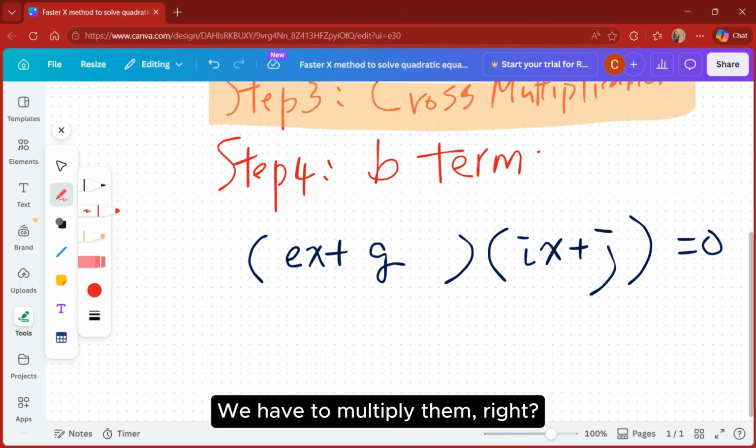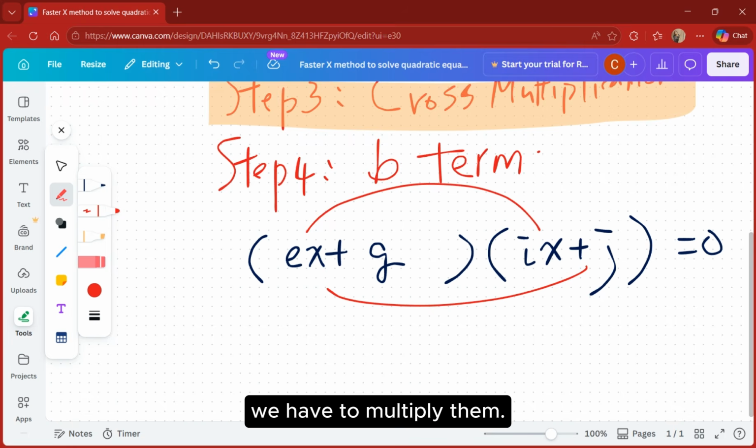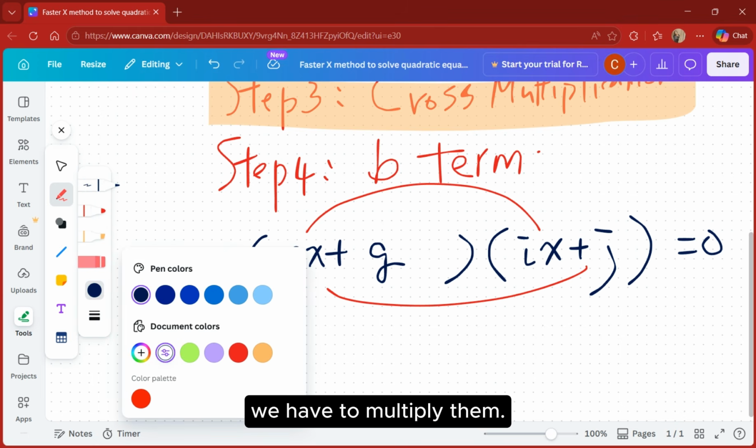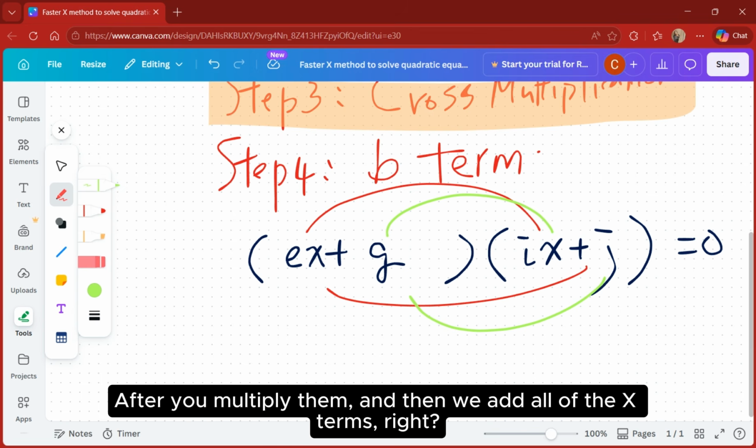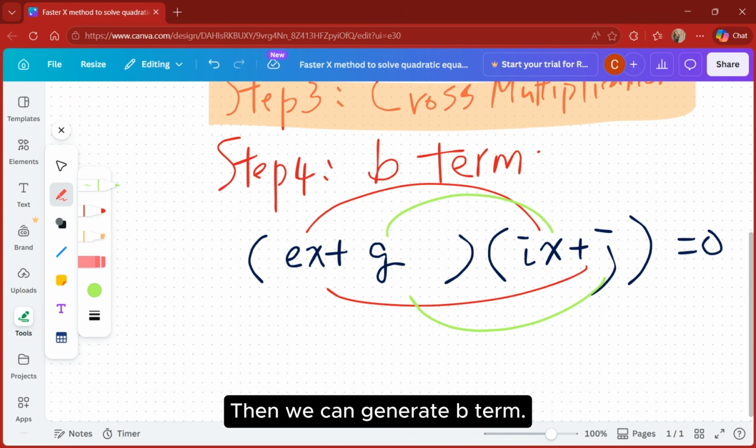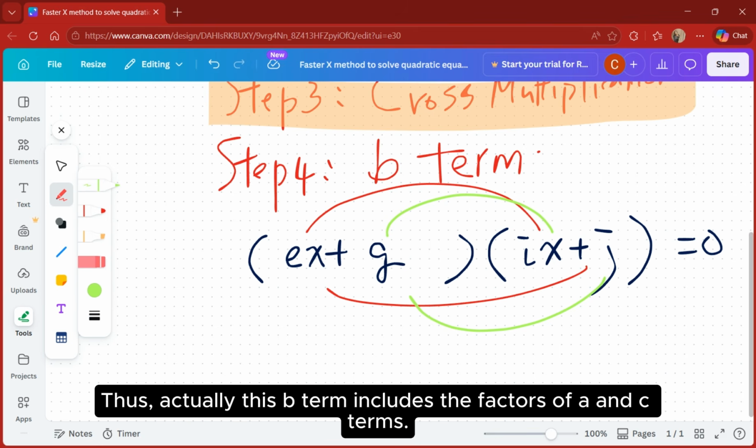We must multiply, right? After you multiply, we just add all of the x terms, then we can generate the b term. So actually this b term includes the factors of a and c.